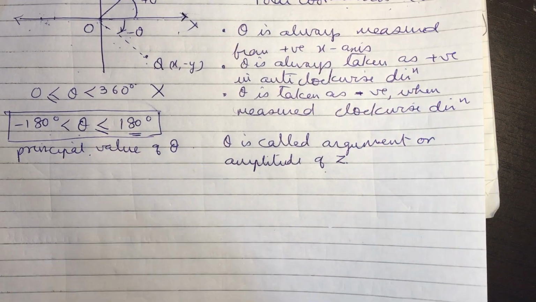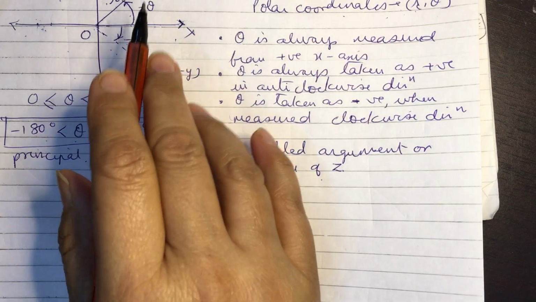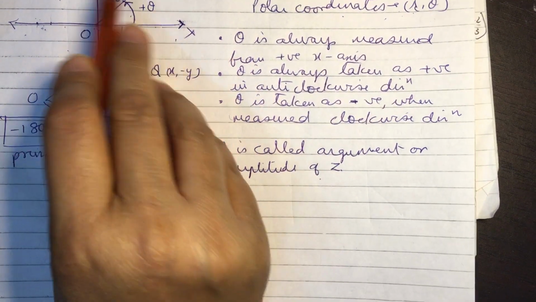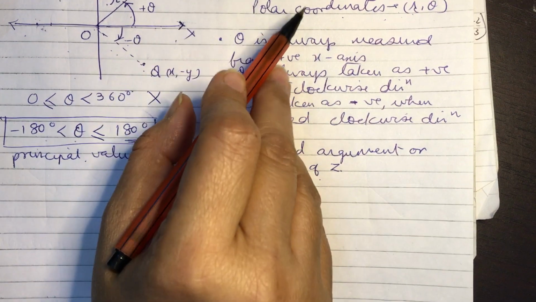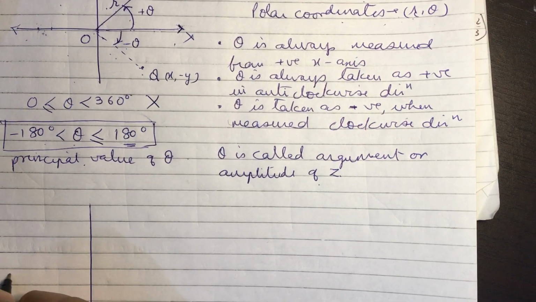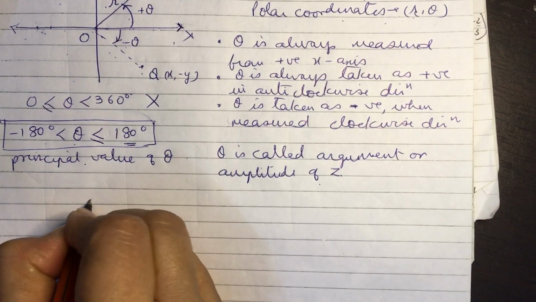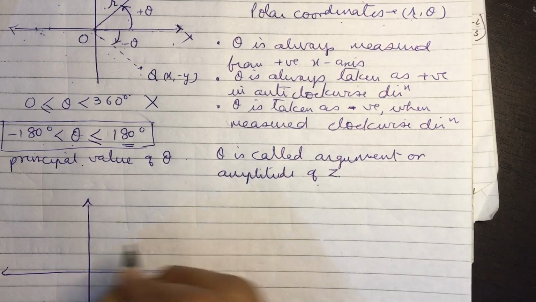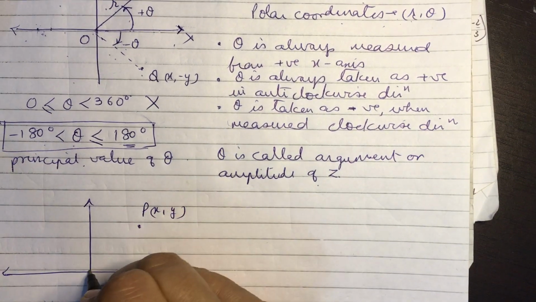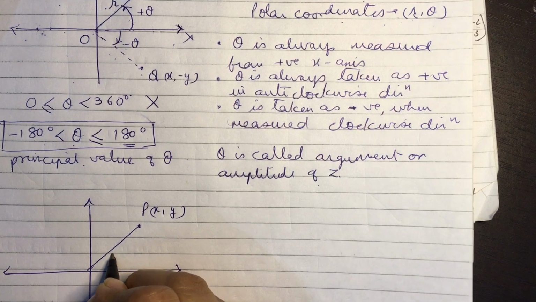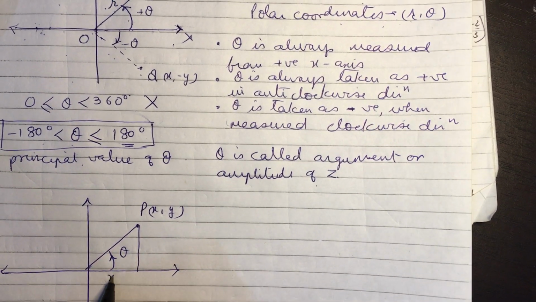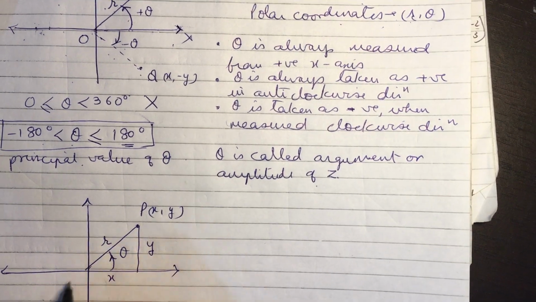Now, let us see how we write x and y, and find a relation between x and y and r and theta. Let us again take the Argand diagram, and let us take the simple case of the first quadrant. Suppose this is theta, you drop a perpendicular, this is x, this is y, and we know this is r.